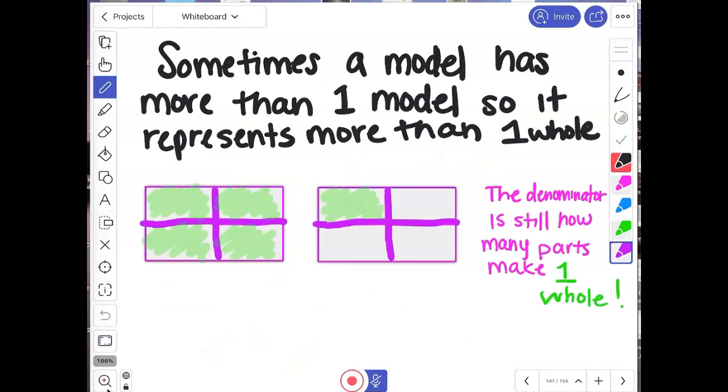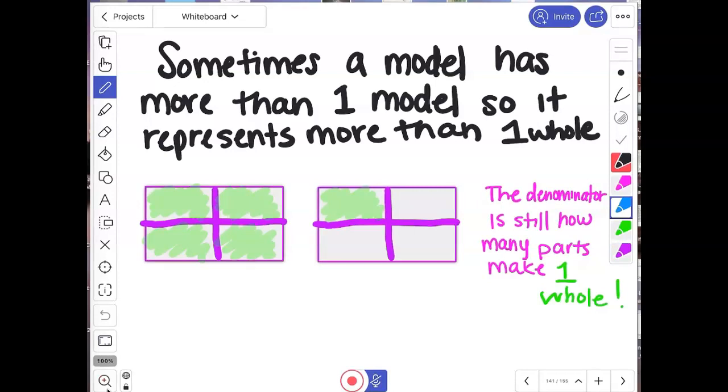So sometimes we're going to have a model that has more than one model in it, so it has to represent more than one whole. For example, here I've got 2 of the exact same rectangle. The denominator still has to tell me how many parts are in just one whole.